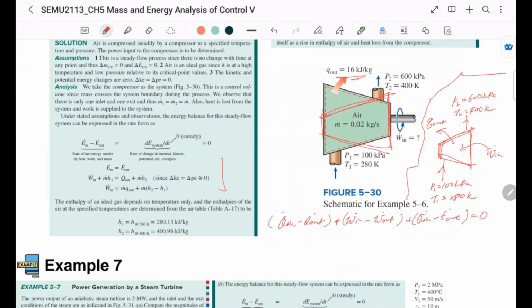No changes in the system internal energy, kinetic energy, and potential energy, so therefore 0. No change in the E over T. It's a steady system.